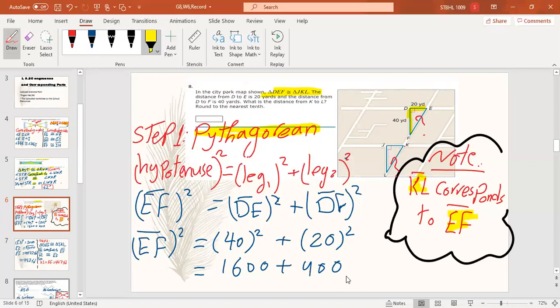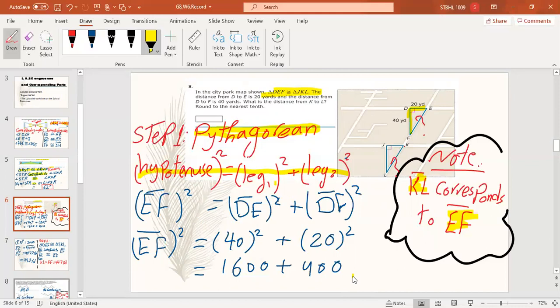Using Pythagorean theorem, hypotenuse squared equals leg 1 squared plus leg 2 squared. The hypotenuse here is EF squared equals line segment DE squared plus line segment DF squared.